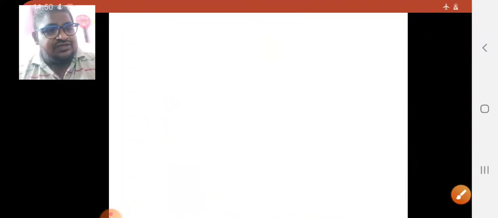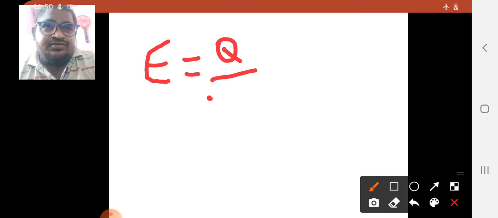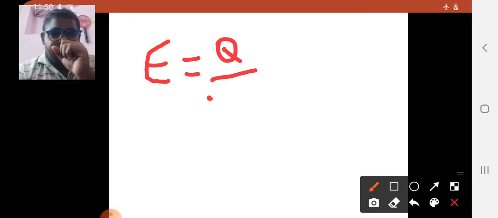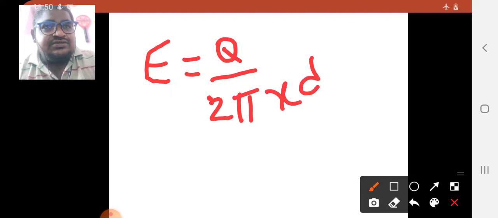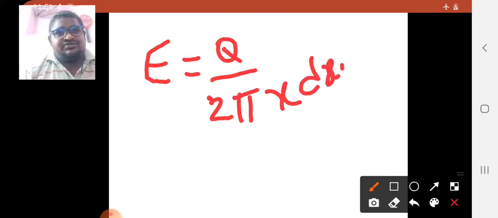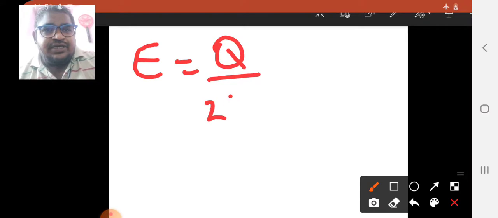So E is equal to Q by 2 pi x into epsilon naught.